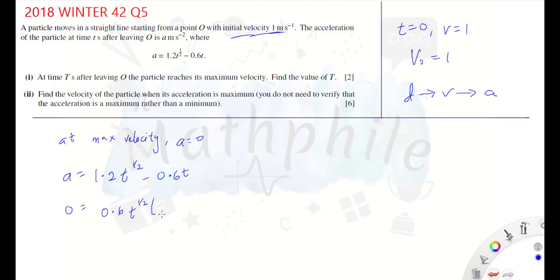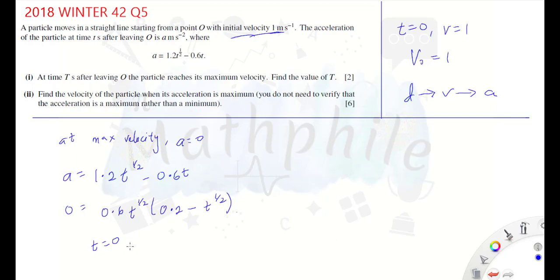Equating this to 0, I get t equal to 0. I don't need to solve that one.